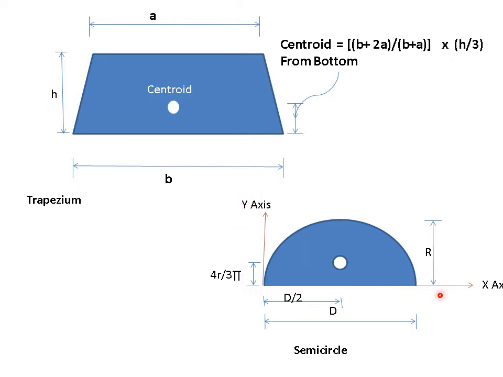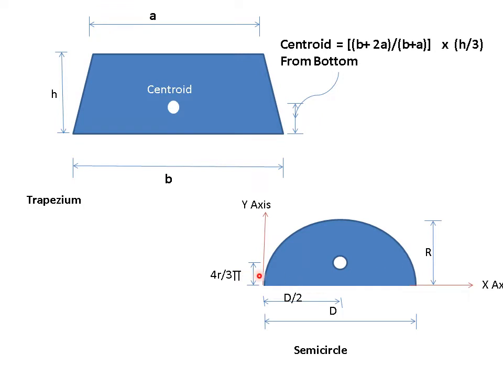Next diagram is semicircle. Along x-axis I am showing the base of the semicircle. So this is called as radius, or from here to here also it is d by 2, means it is radius. This is also radius. So along x-axis again from this point at a distance r or d by 2, if I draw a perpendicular line, you can see this figure is symmetrical on this side and similarly on this side.